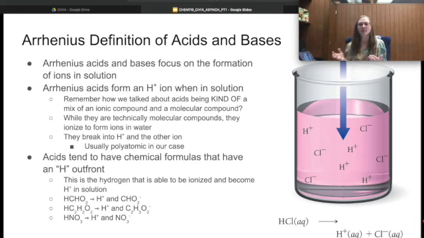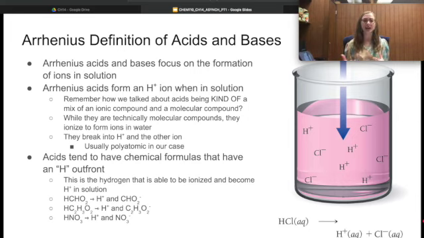You may remember when we were talking about naming compounds, we talked about ionic compounds, we talked about molecular compounds, but we also brought up naming acids as well. We talked a little bit about how acids are kind of a mix of an ionic compound and a molecular compound. So while they are technically molecular compounds, they tend to form ions and ionize in water.